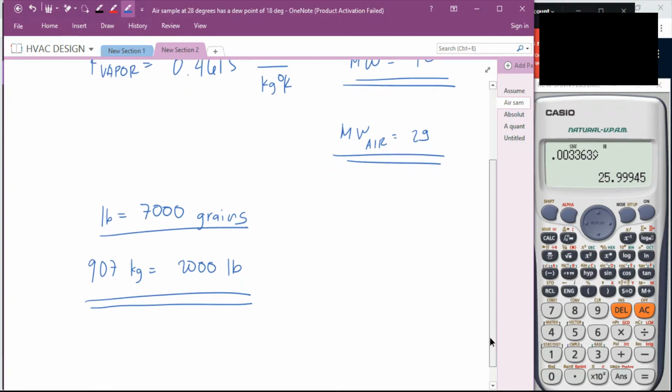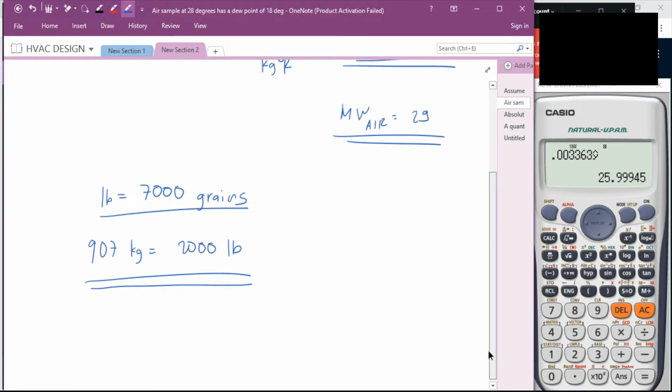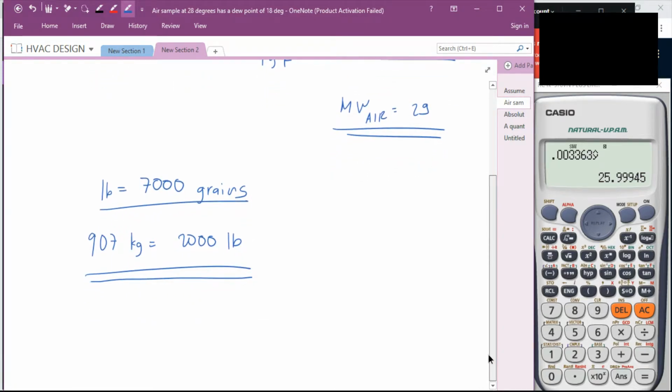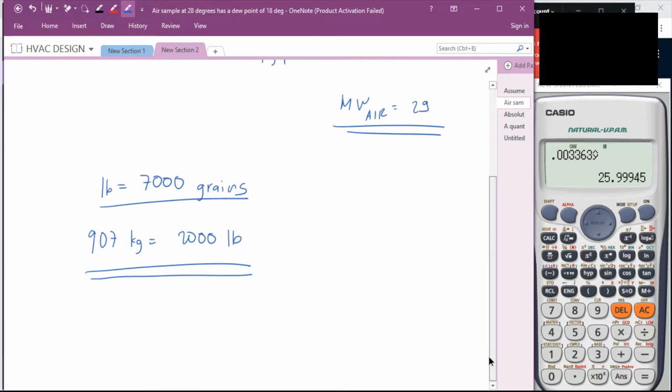Ano pa ba? I think wala na akong i-share dahil nandyan na. Kapag hindi given, the density of air is always equal to, at standard temperature and pressure, 1.2 kilogram per cubic meter.